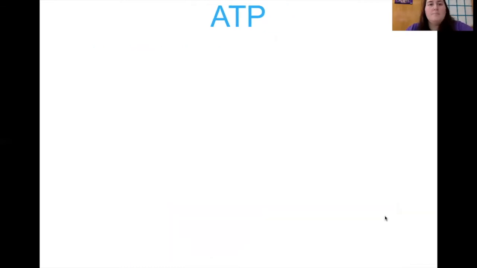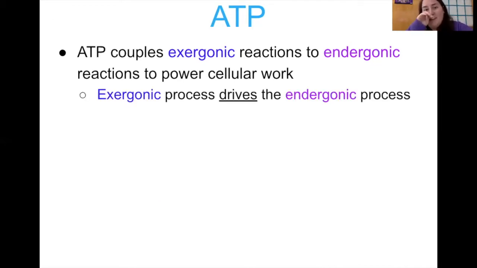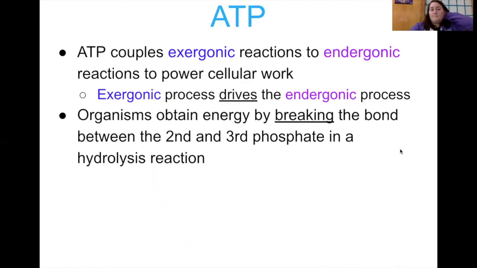What we're going to focus on is that ATP couples exergonic reactions to endergonic reactions in order for us to do work. The exergonic process drives the endergonic process. We break that bond between the second and third phosphate group in a hydrolysis reaction.